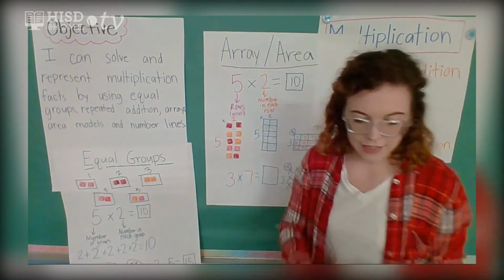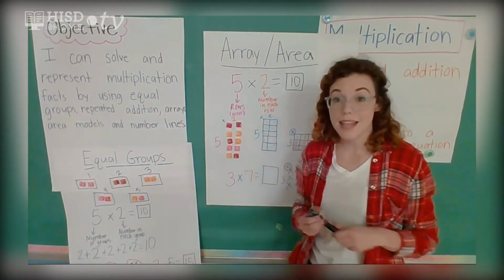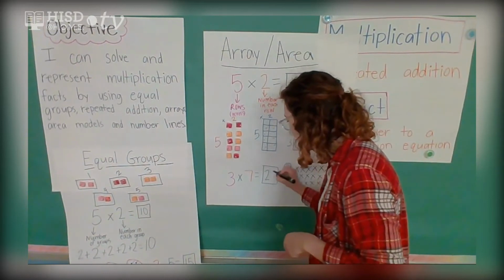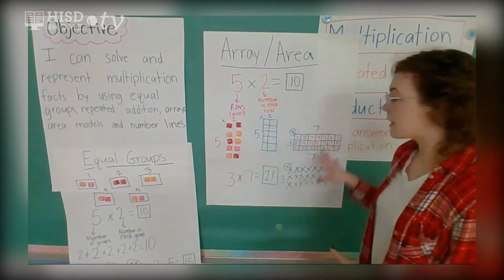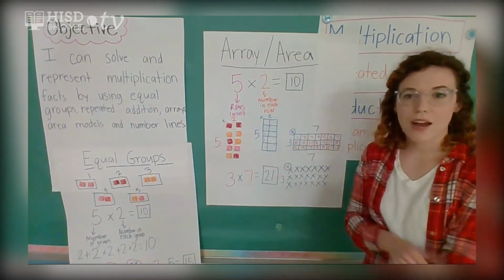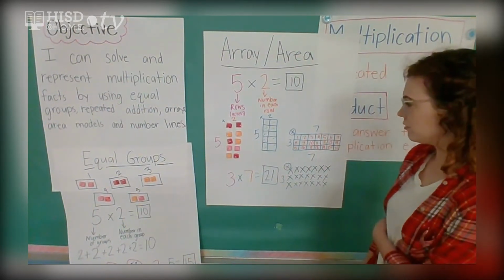So our answer is 3 times 7 is 21. Just look at this for a second before I move it, and we do our last strategy.